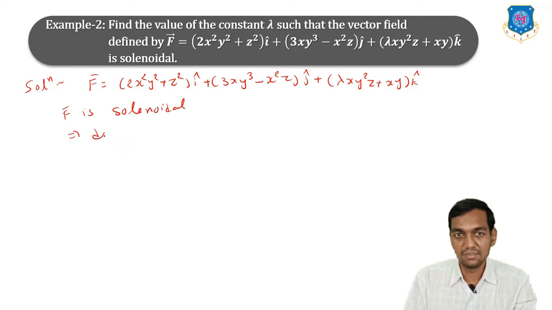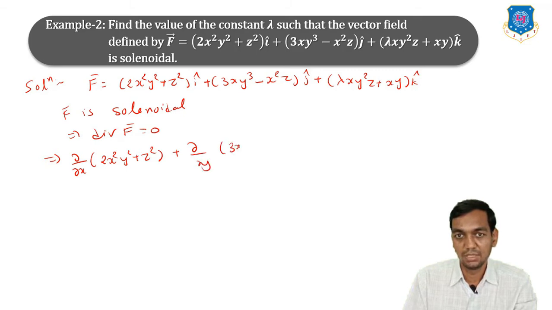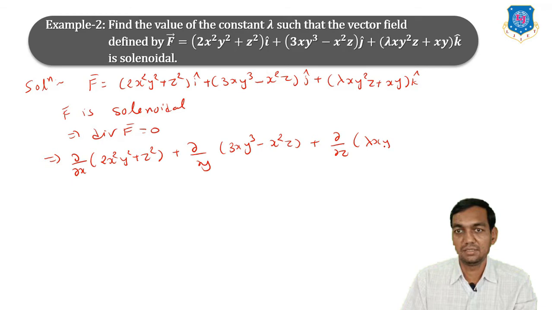That implies divergence of f bar is 0, and that implies del/del x of (2x square y square plus z square), plus del/del y of (3xy cube minus x square z), plus del/del z of (lambda x y square z plus xy) is equal to 0.